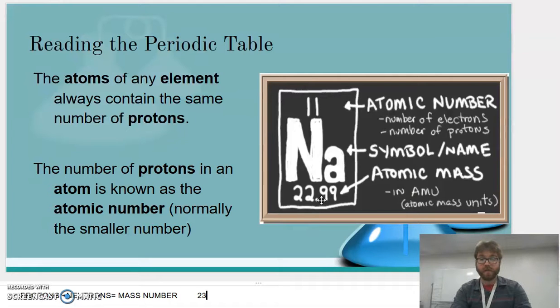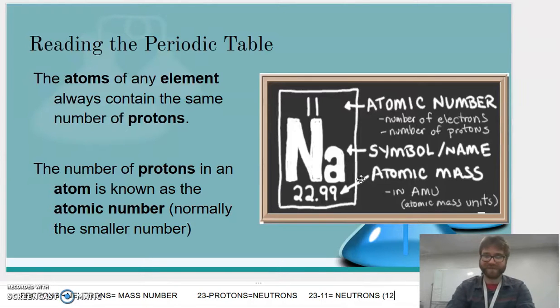If I wanted to know how many neutrons we have, I would need to subtract the number of protons, and that would give me the neutrons. Now, in this case, we know how many protons we have because that's our atomic number up here. So it would be 23 minus 11, and that would give us the number of neutrons, which in this case is 12.